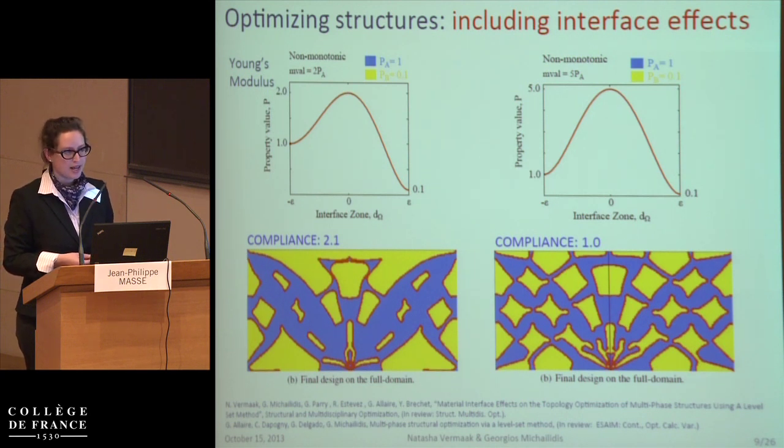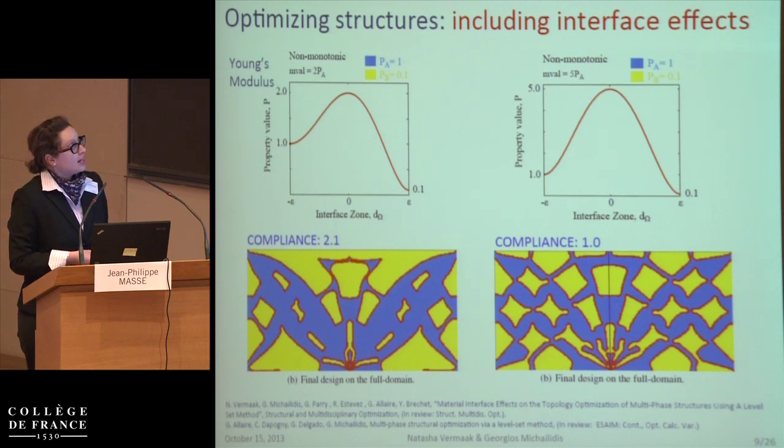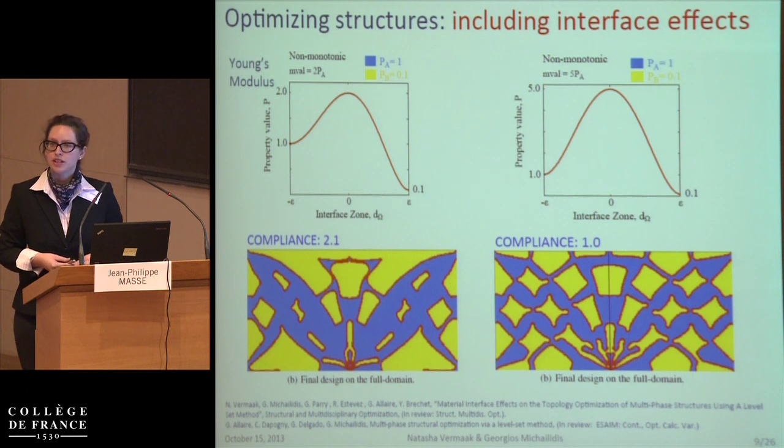And what we see is that, again, there's a volume constraint. This optimization is done under the volume constraint that 50% of this domain has to be the weaker modulus material. And we see that the optimization finds ways to increase the perimeter of the interface, of this beneficial interface, while still respecting the volume constraints on the problem.